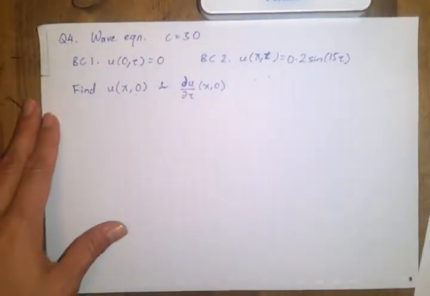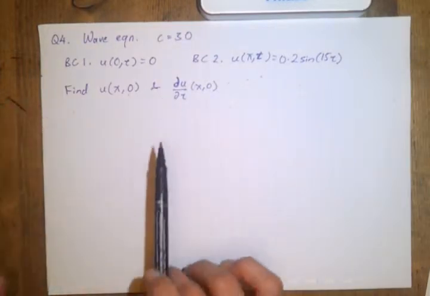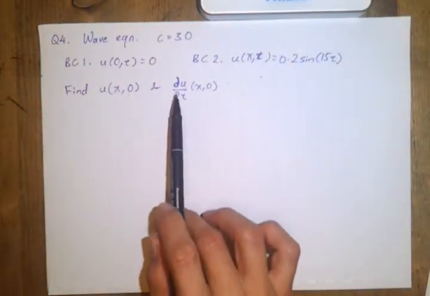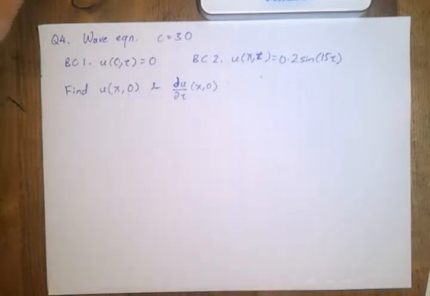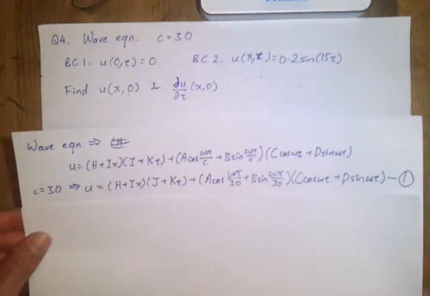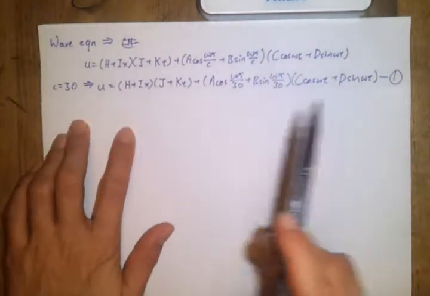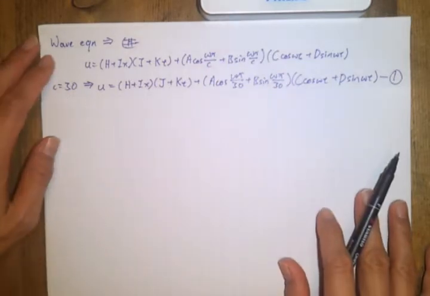You're asked to find what is u at t equals 0, and what is du dt at t equals 0. Since it's the wave equation, you can just copy the general solution from the formula sheet.